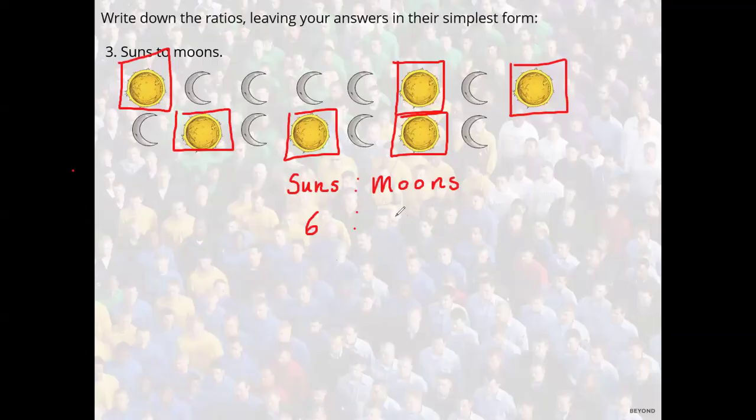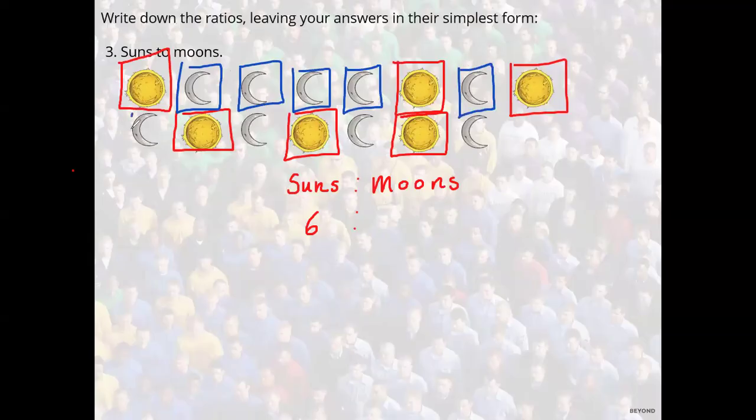Let's count. 1, 2, 3, 4, 5, 6, 7, 8, 9. We have 9 moons. So 6 to 9.